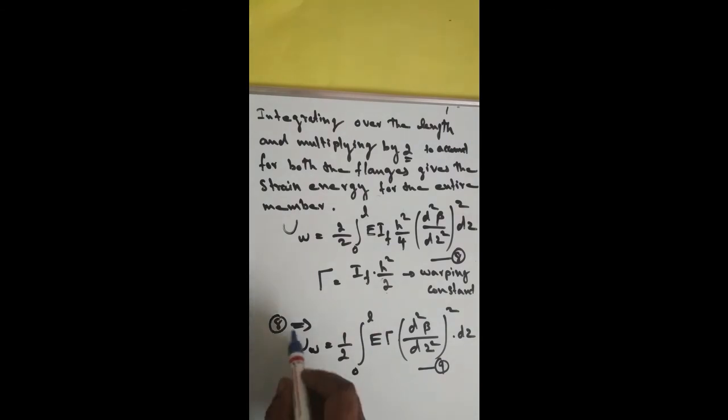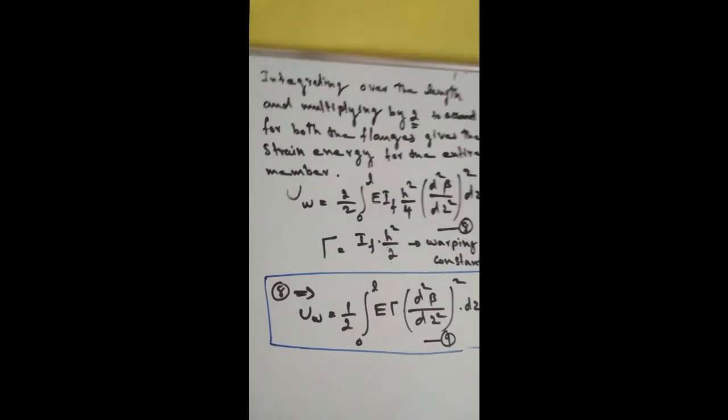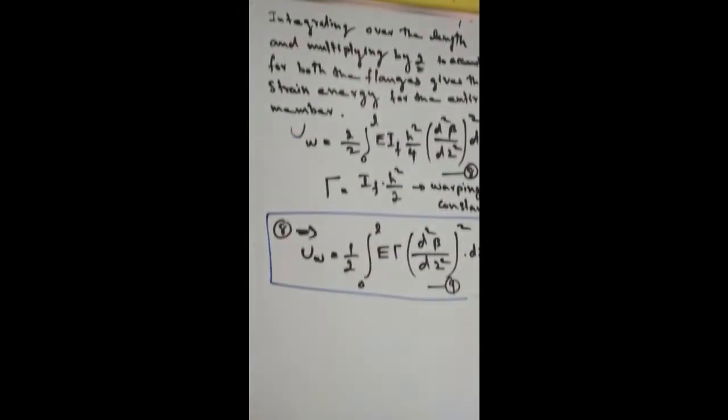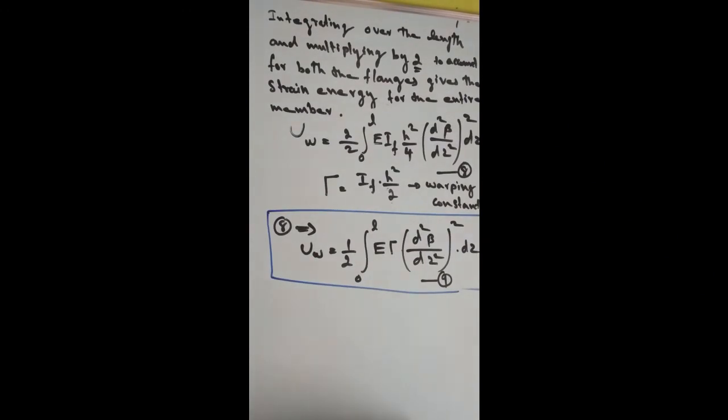This equation is a very important equation. This equation gives the strain energy of the entire member, strain energy due to warping for the entire member, and then we have to determine the total strain energy.